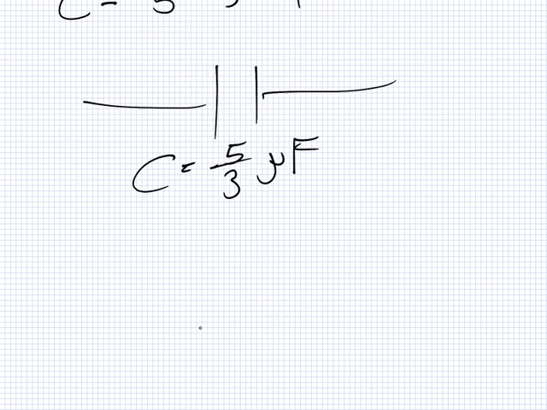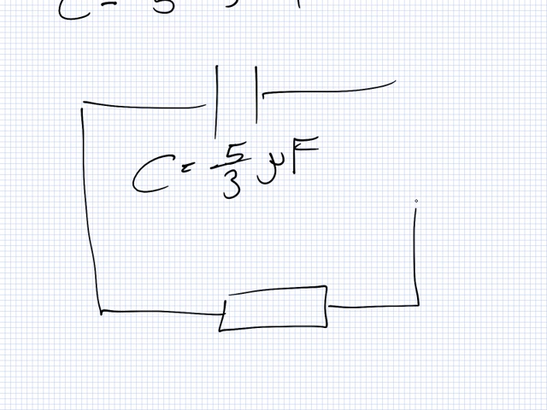Okay, so what you have in this part now is you connect the capacitor to a resistor. The resistor is 4.85 mega ohms. But before you do that, you charge up the capacitor by using 40.5 volts.